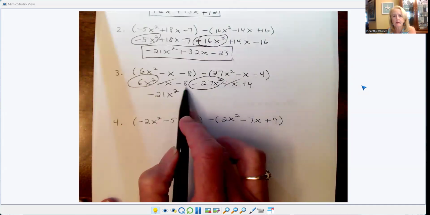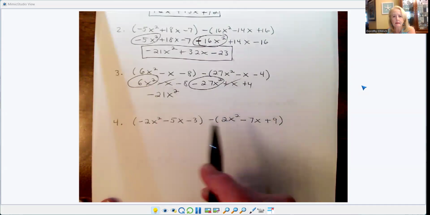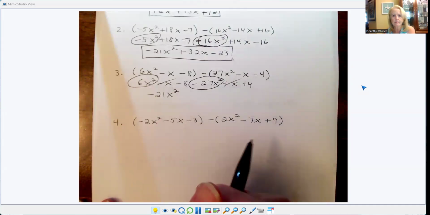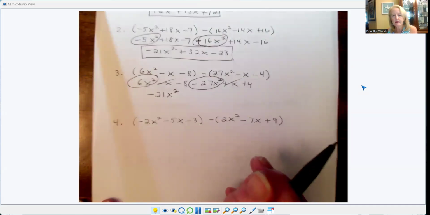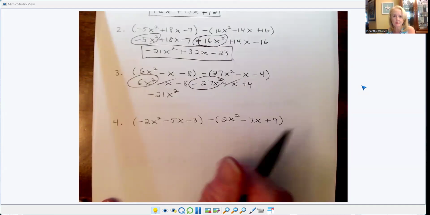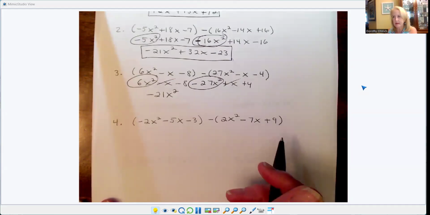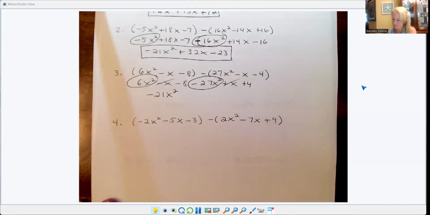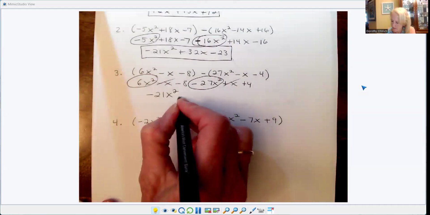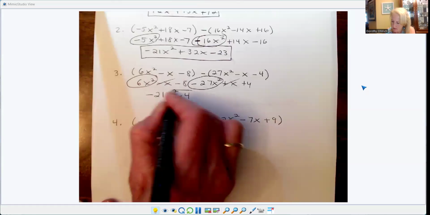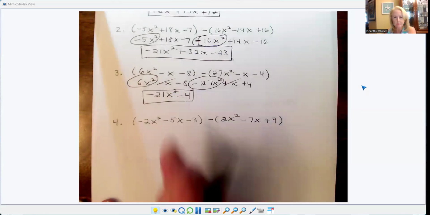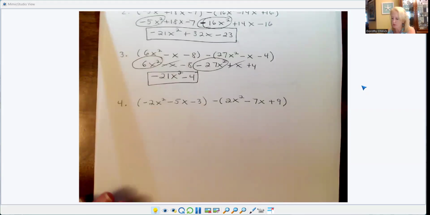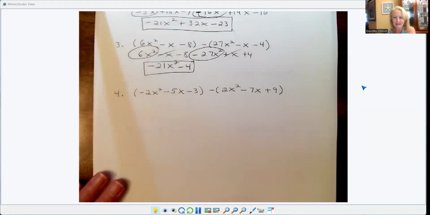Only if they have a positive and a negative sign when they're adding or subtracting do they combine to get canceled out. And cancel out when you're adding, subtracting means because you got a 0. If you say cancel when you're dividing, that's because you got a 1. Okay, so negative 8 plus 4 is negative 4. So we do not have any plain x terms in this. It was kind of tricky for you to do that one on your own, but that's okay. I know you can handle it.